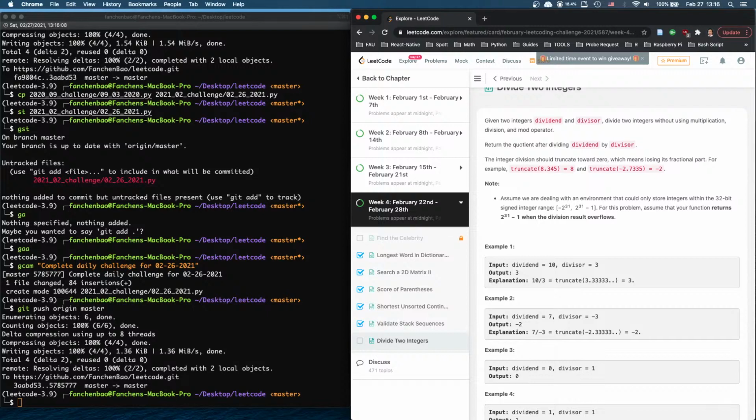Can the negative value be handled? Yeah, I think so. Take 7 divided by 3. We cannot do minus though, it has to be plus.